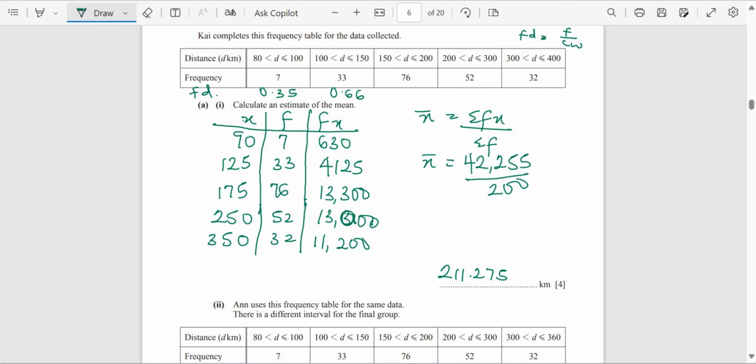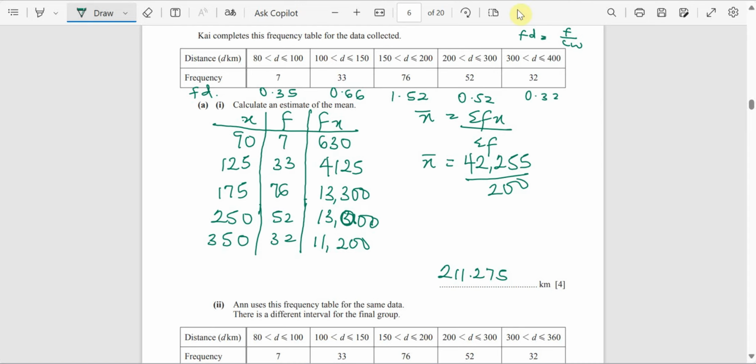The next one is 76 divided by 50, and that would give us 1.52. The next is 52 divided by 100, and that will give us 0.52. And lastly, 32 divided by 100 would give us 0.32.